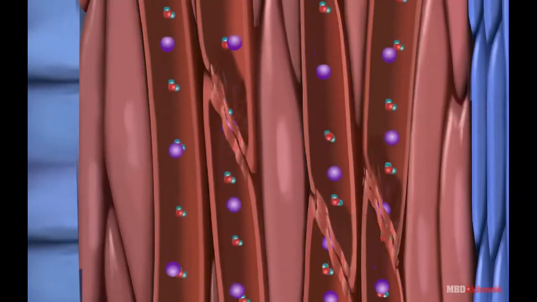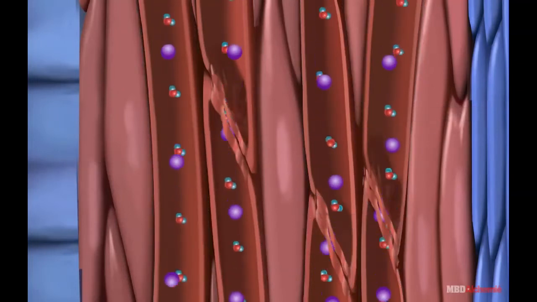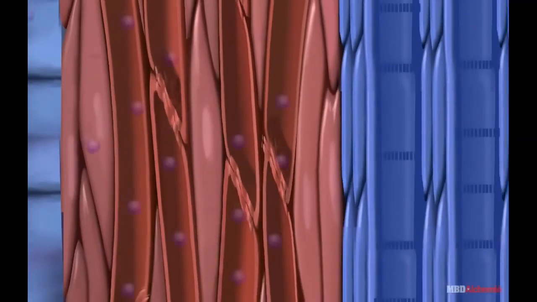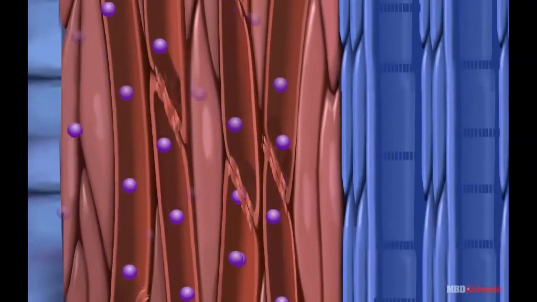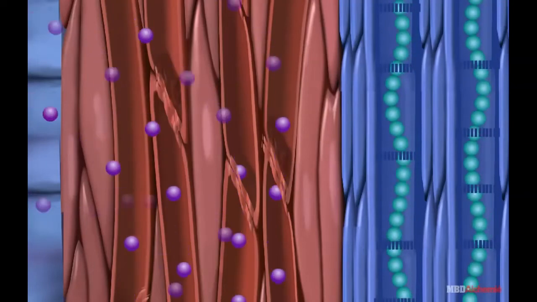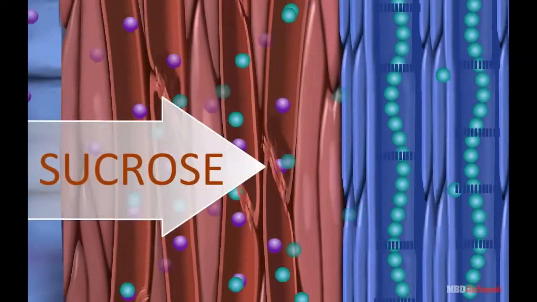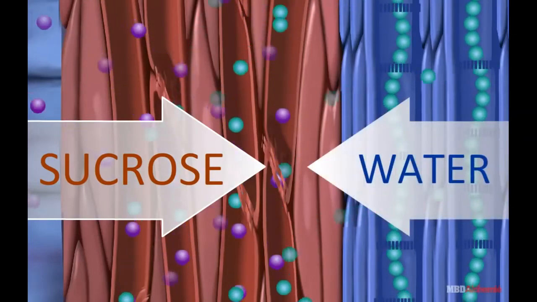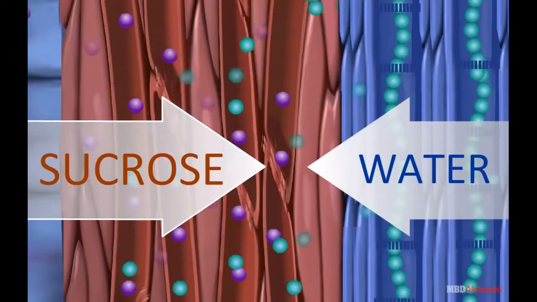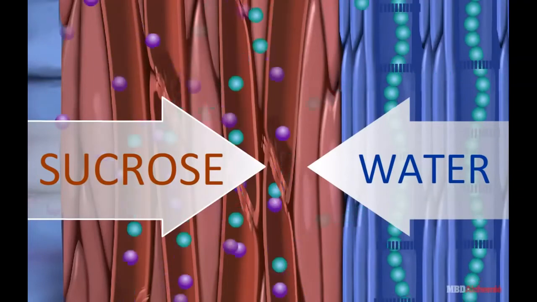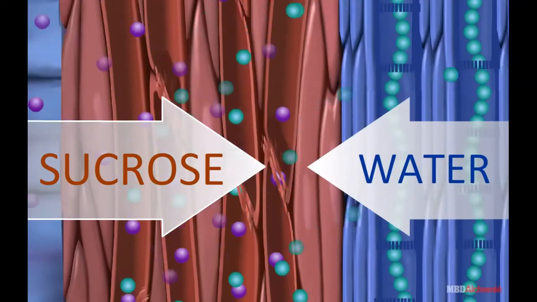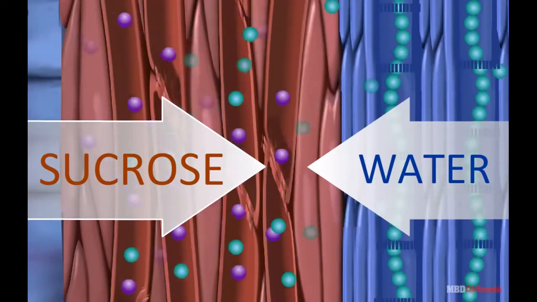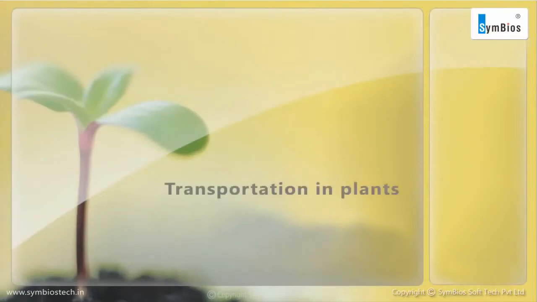Companion cells are specialized, thin-walled parenchymatous cells found to be associated with sieve tube. Phloem fibers are made up of thick-walled sclerenchymatous cells and are mechanical in function. Phloem parenchyma are thin-walled living parenchymatous cells. They store food material. Transportation in plants.